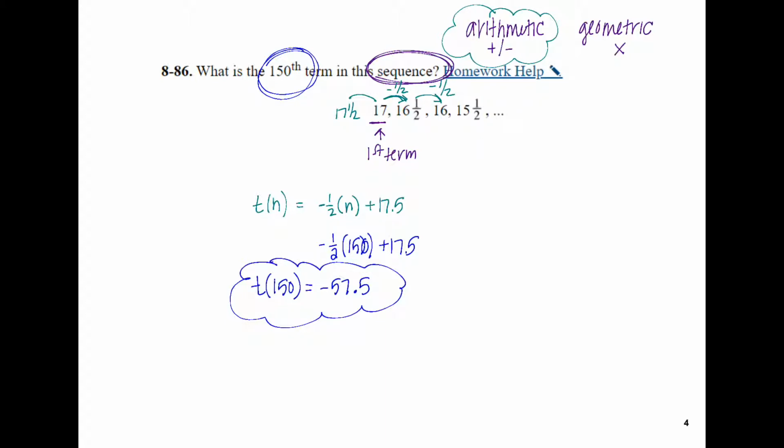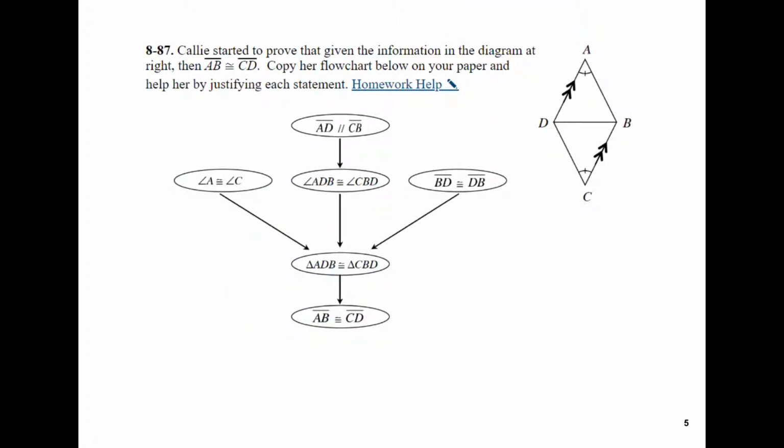8-87 said Callie started to prove that given the information in the diagram at the right, then line segment AB is congruent to line segment CD. Copy her flowchart below on your paper and help her by justifying each statement.